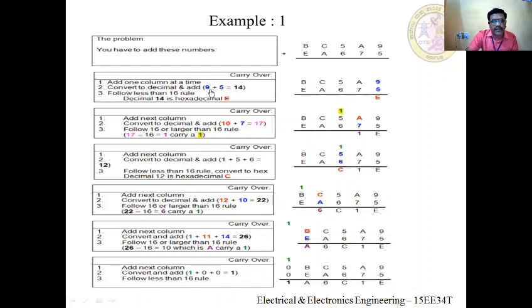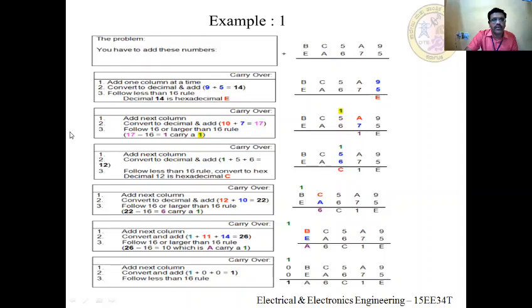So in the first step, 9 is added with 5. 9 plus 5 becomes 14. Decimal 14 is hexadecimal E. So the answer of step number 1 is E.